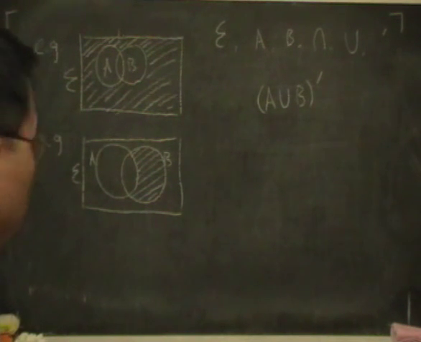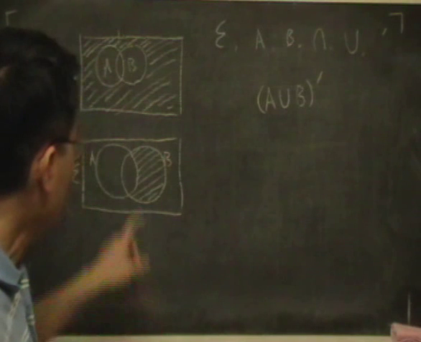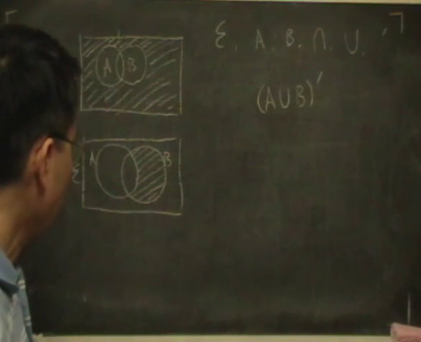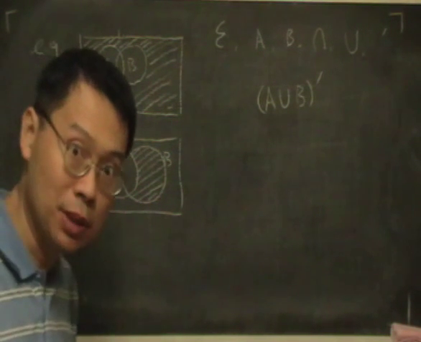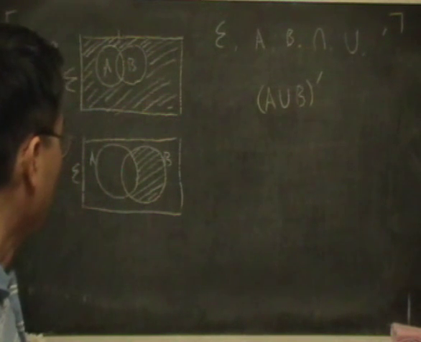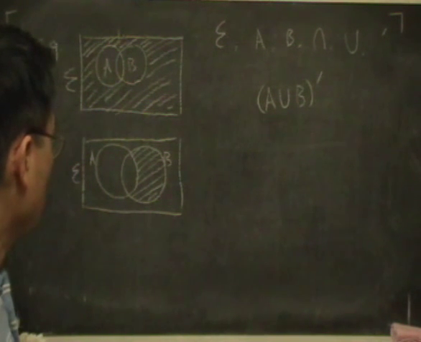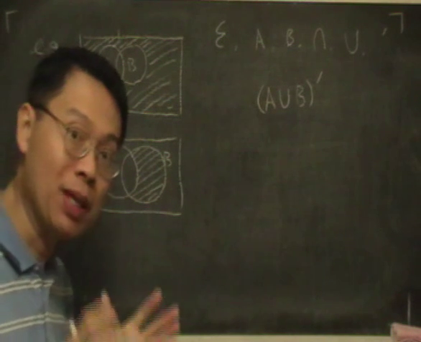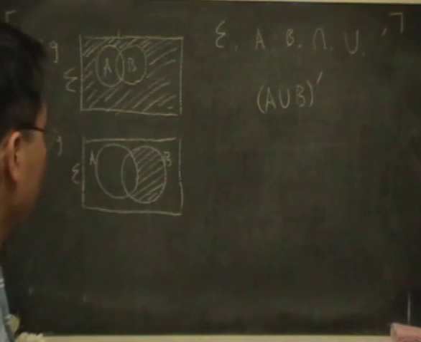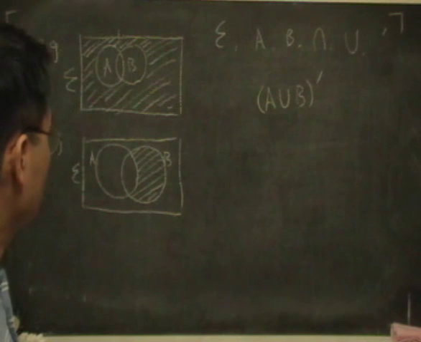Right, let's try this. The shaded area must be inside B, right? The shaded area must be outside A. Let me write those down.